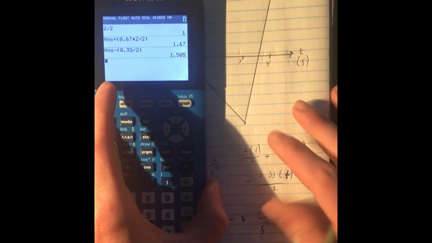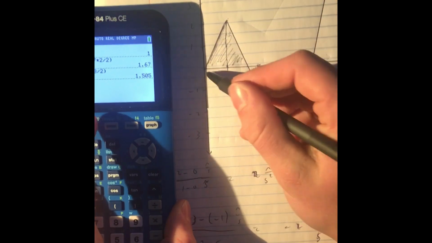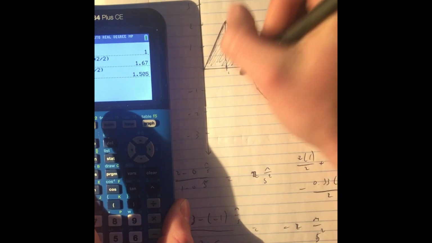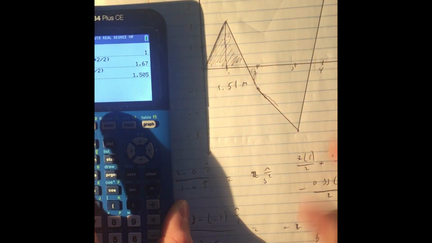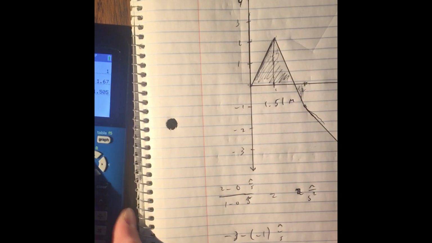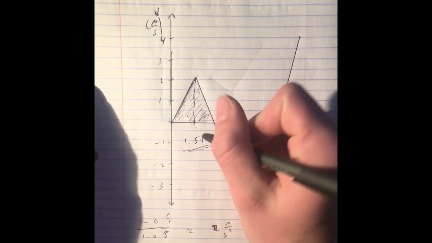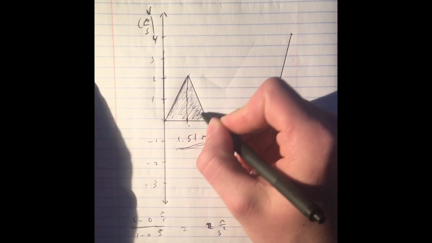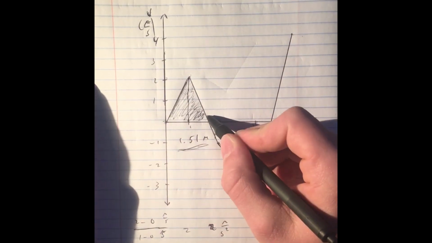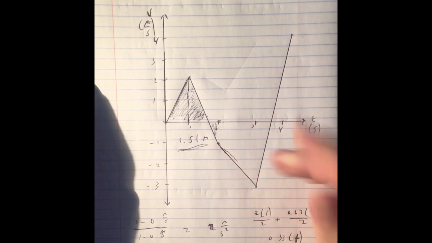So Spike's total displacement from time 1 to 2 seconds will be 1.51 meters. This will be positive here because Spike has traveled to the right. In total it's positive because he's traveled further to the right than he has to the left.